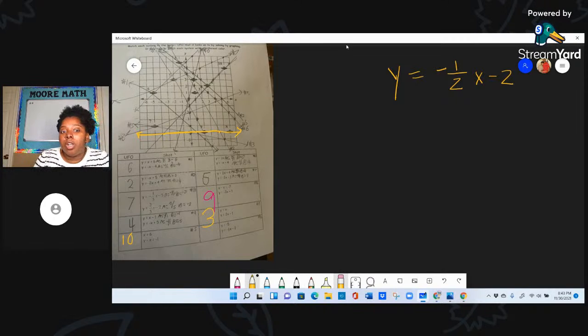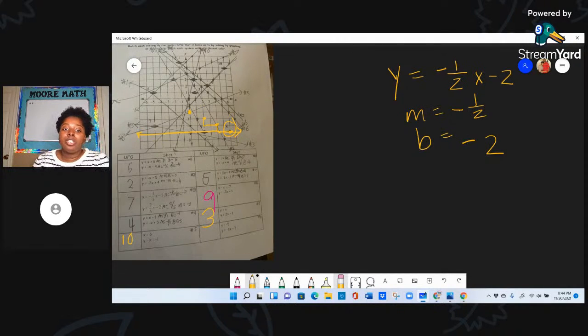So what was the slope of this line? -1/2. Good. And what's the y-intercept? -2. So where did you start? -2. Now with -1/2, where did you go? Down 1 to the right 2. Down 1 to the right 2. And there it is, UFO 8.